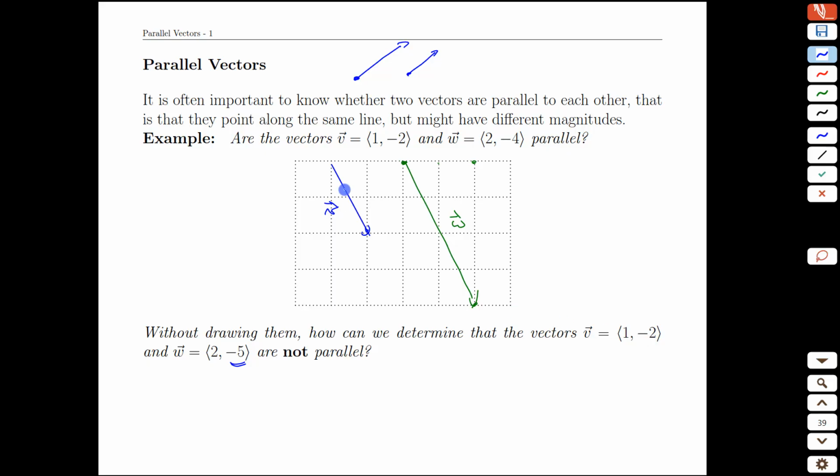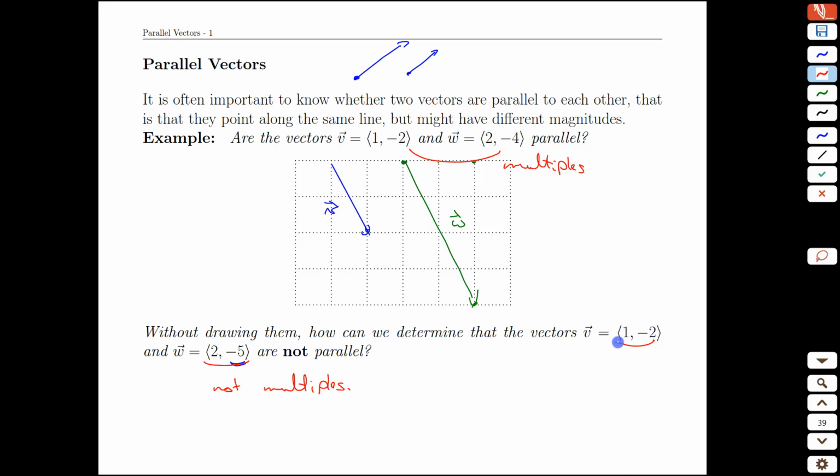Well, what most people notice first is that these two vectors, 1, negative 2 and 2, negative 4, are multiples of one another, whereas 1, negative 2 and 2, negative 5 are not multiples of each other. And that is the key observation.